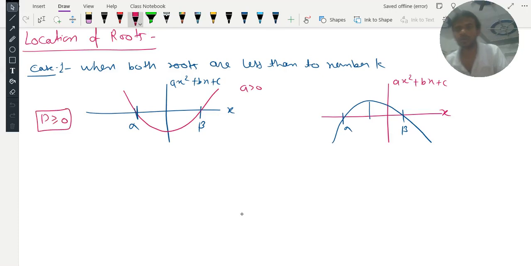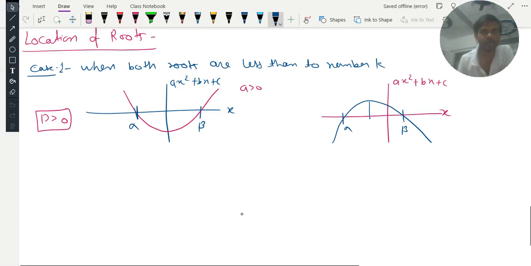because the roots are real. D is greater than or equal to 0 because roots are real, and there is a number k for which alpha and beta are always less than k.